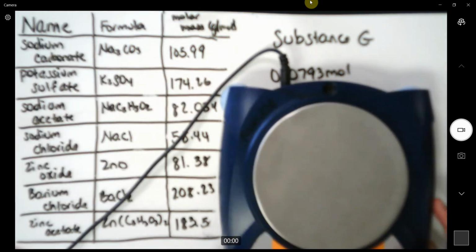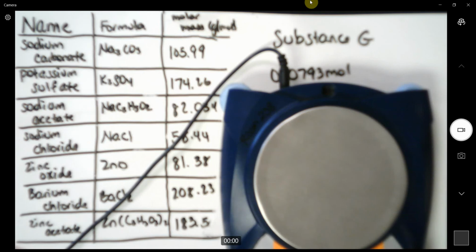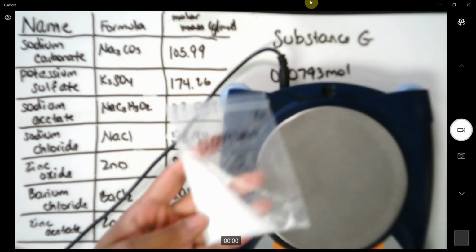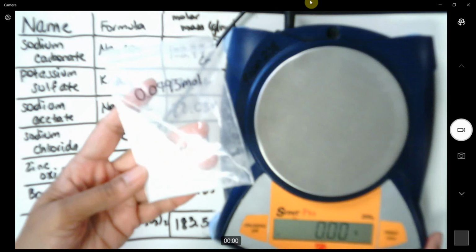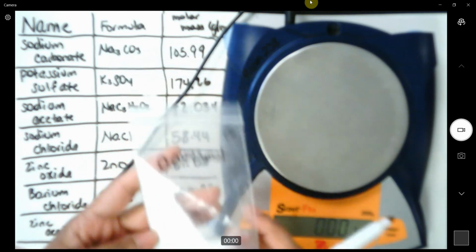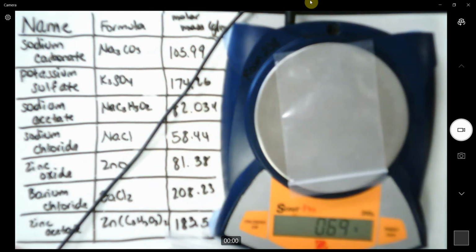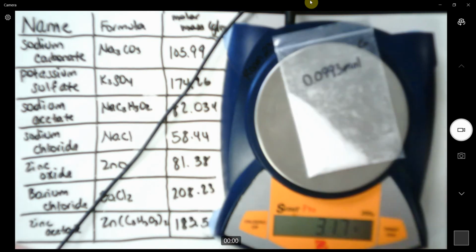So you guys did this already. If we have just this substance, it's the bag as well as the substance. So we want to zero it out. If you didn't get a chance to zero it out, the mass of a bag is about 1.04, but we can zero it.